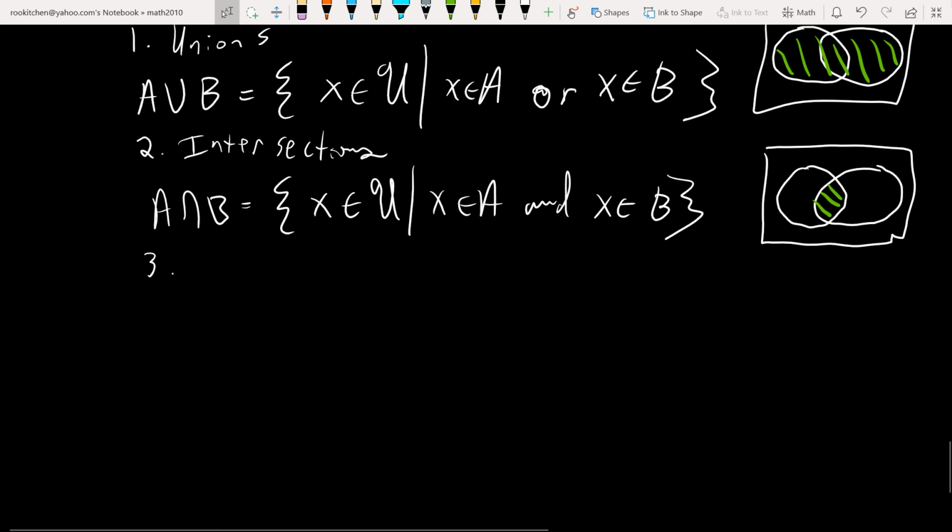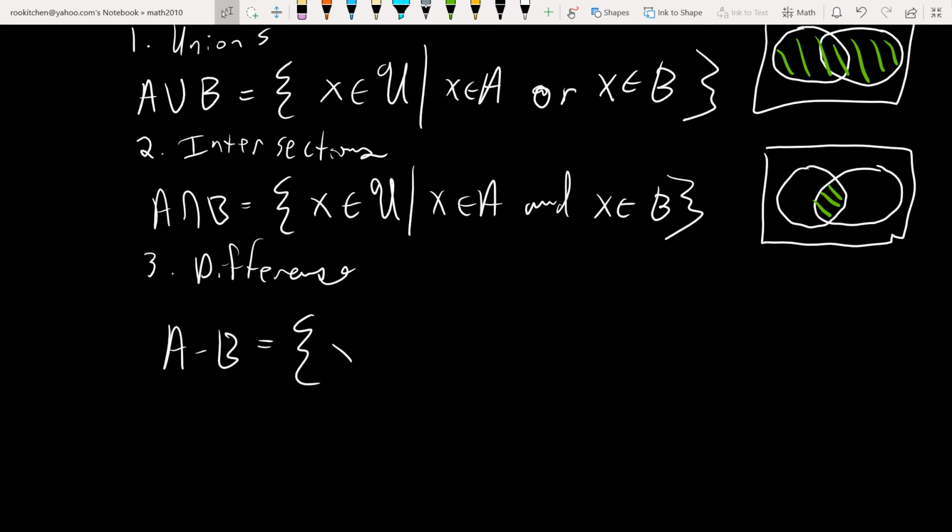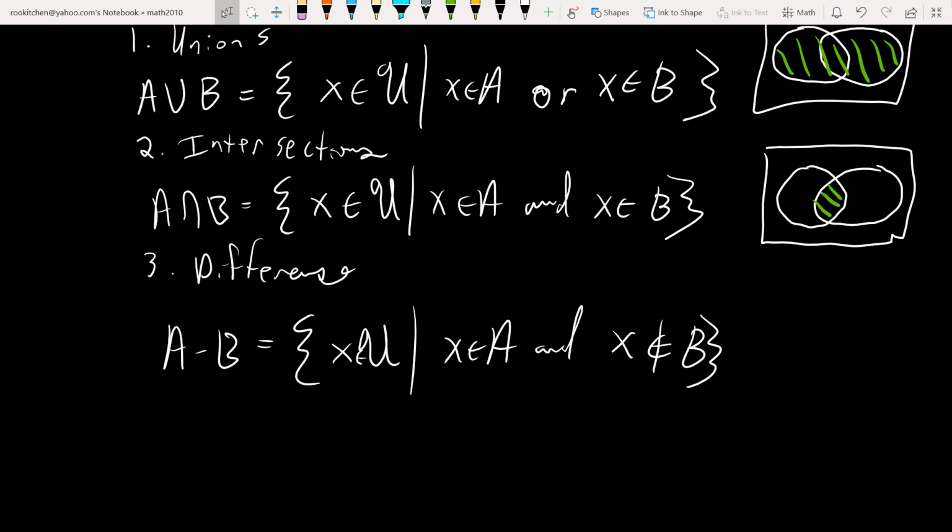Third then, the difference. So A minus B is the set of all x in the universe such that x is in A and x is not in B. So let's draw our little Venn diagram, even though I don't want you to ever do this.